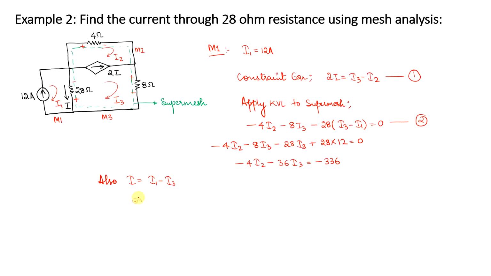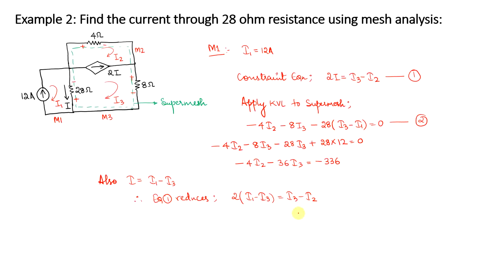So therefore, how can I reduce equation 1? I can write this as 2 times (I1 minus I3) equals I3 minus I2. I know the value of I1, I1 is 12 amps, so substitute that and see what you get.